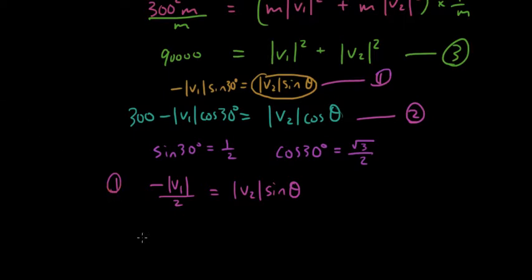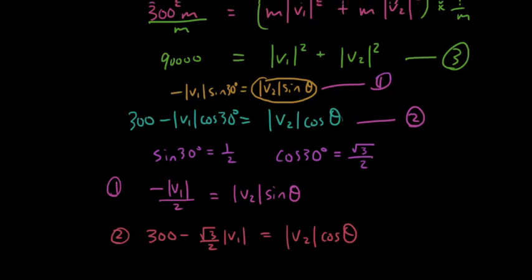And then equation 2 is now 300 minus v1 times square root of 3 over 2, so square root of 3 over 2 times v1, equals v2 cos theta.